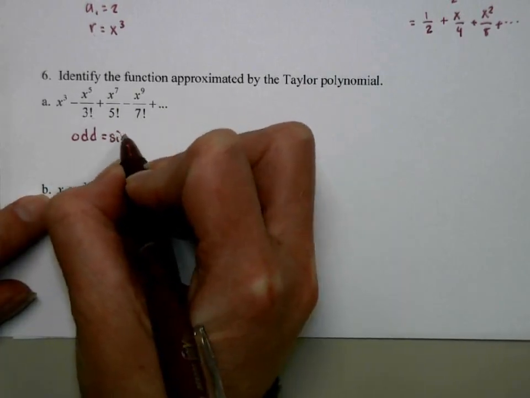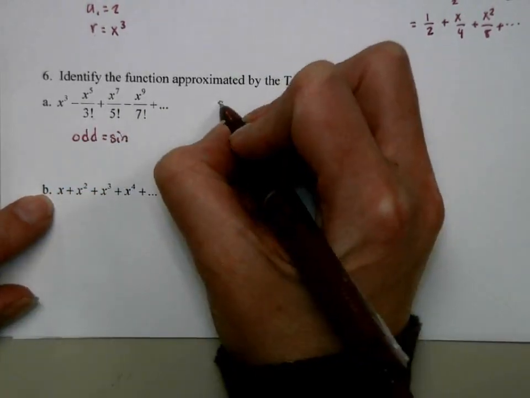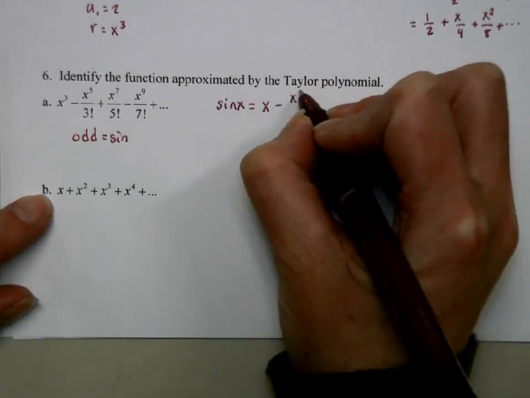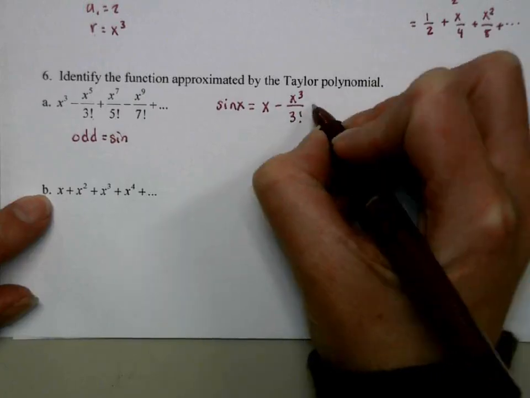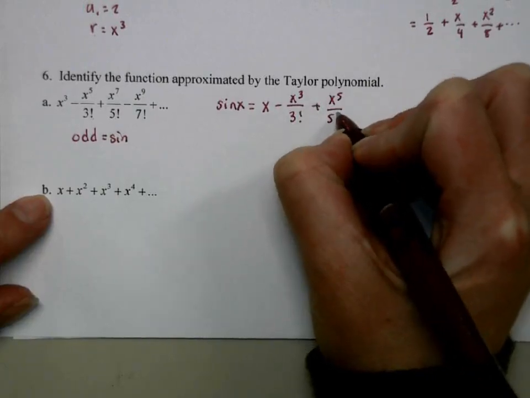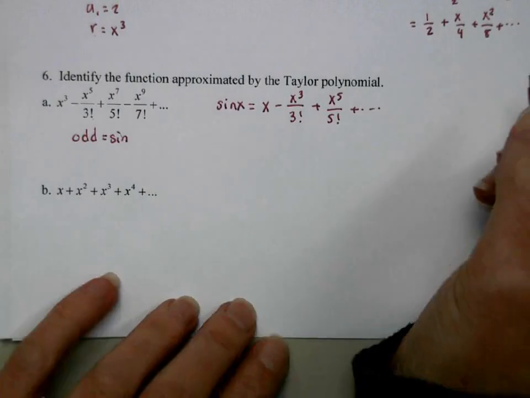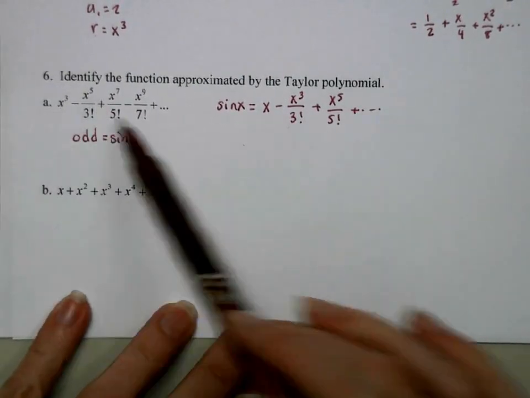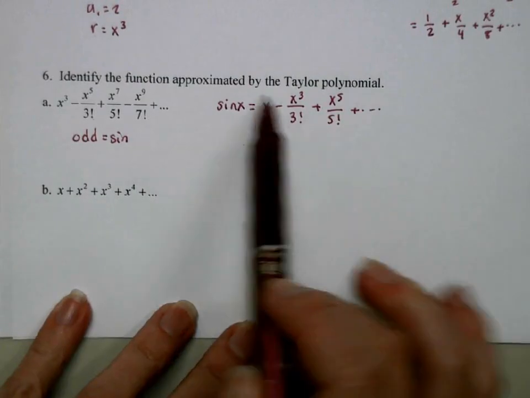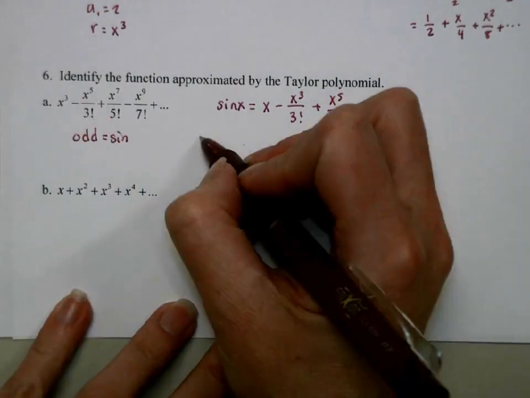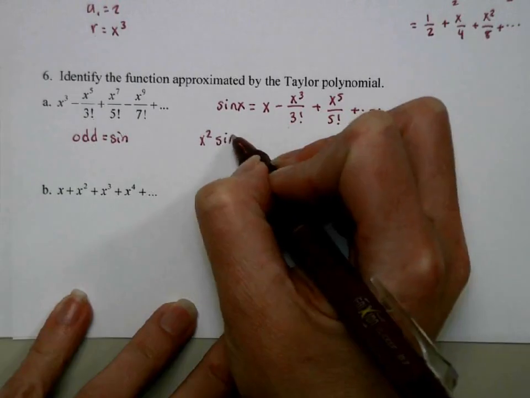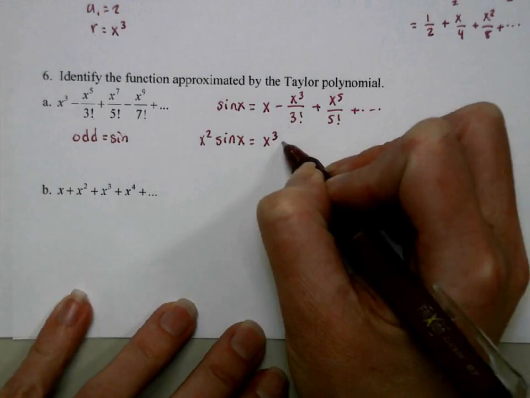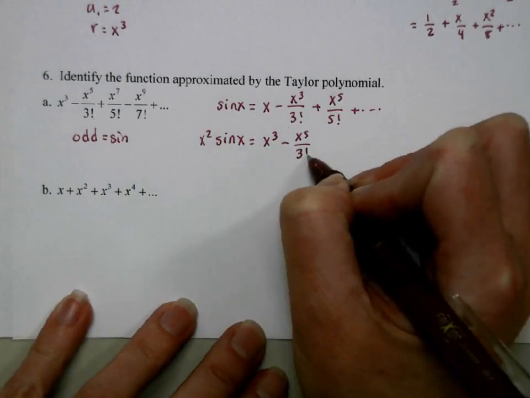Sine of x is x minus x cubed over 3 factorial plus x to the 5th over 5 factorial, and so on. How can I get from here to here? Well, the denominators are fine, but the numerators are off by a factor of x squared. So what I can do is multiply it by x squared, and then I get x cubed minus x to the 5th over 3 factorial, and so on.